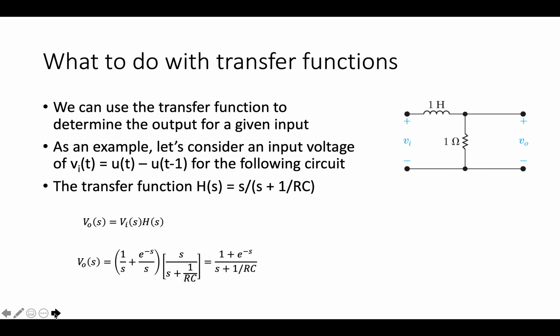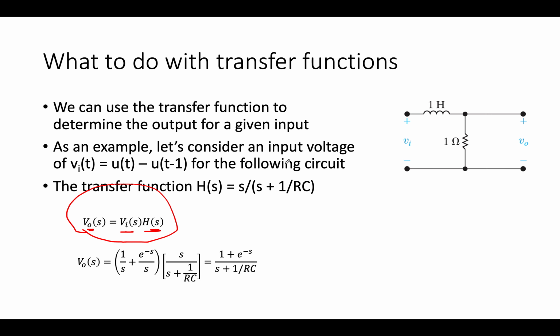All right, so once we have a transfer function, what do we do with it? Well, remember that the transfer function is output over input. So we could just work with that equation and discover that if you know your input, you can find your output by multiplying the input by the transfer function.